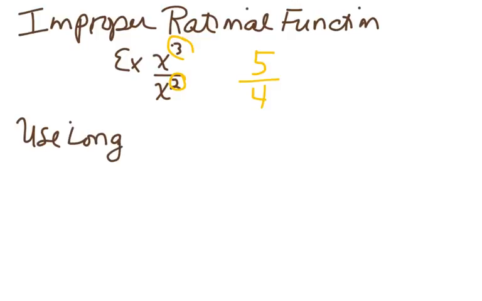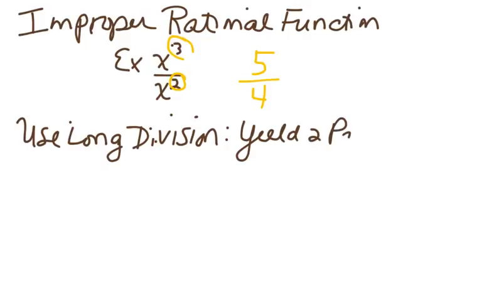In this case, we're going to use long division, and long division is going to yield two parts. After the long division, the first part is an easy to integrate polynomial.